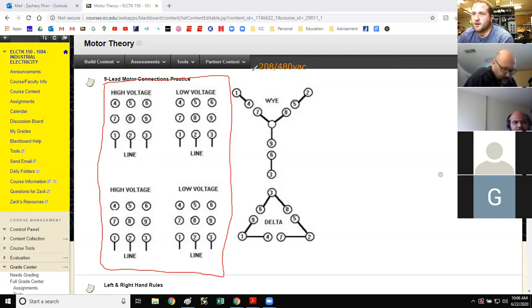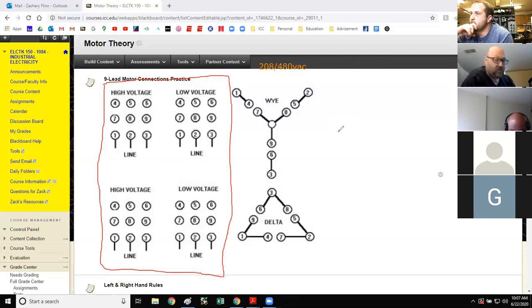Right. This is the way I think about it. Think about a transformer. If you have 480 coming in and you need a transformer to knock it down to 120 for your house, you're going to need more windings, more inductive reactance, to knock that voltage down.